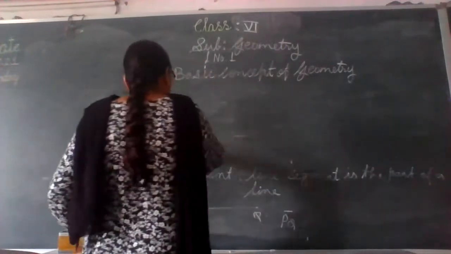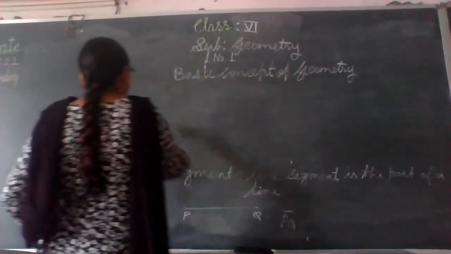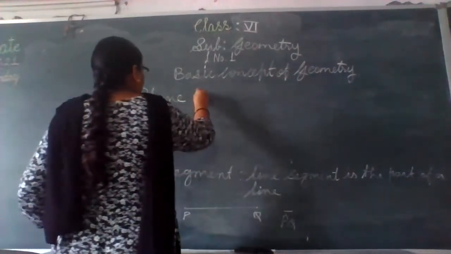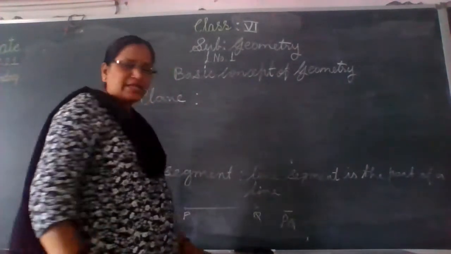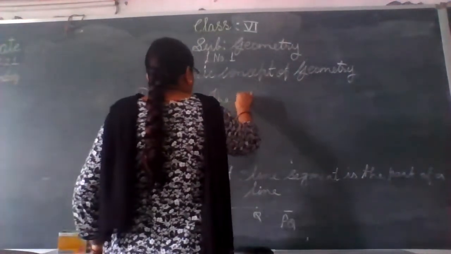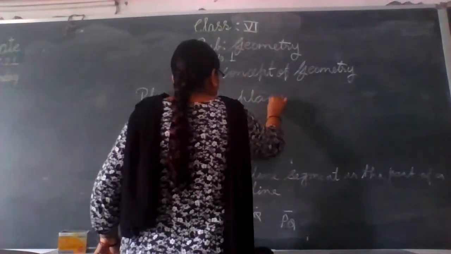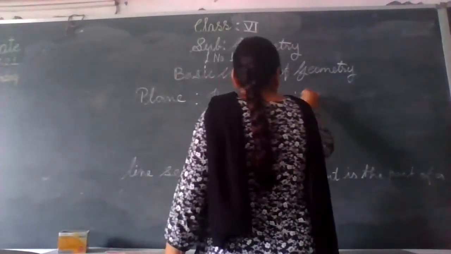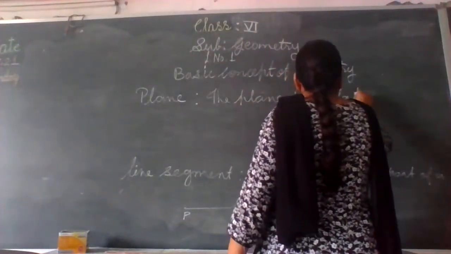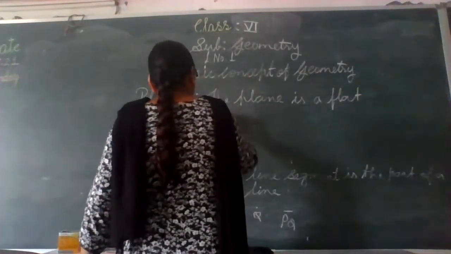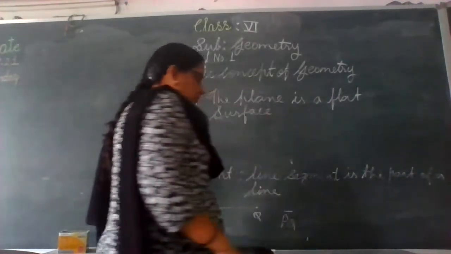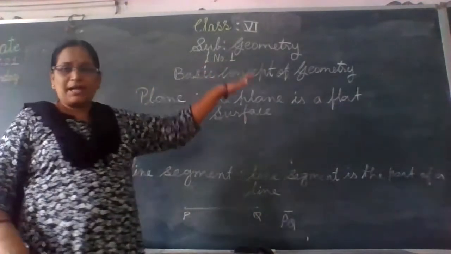The next is plane. So plane is a flat surface. For example, see a blackboard.